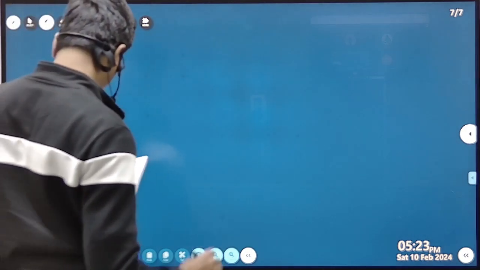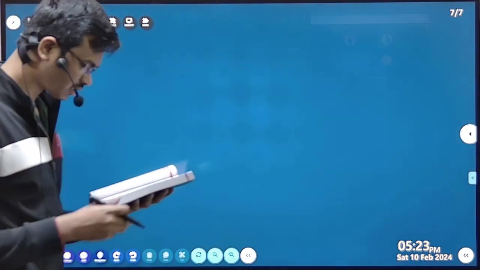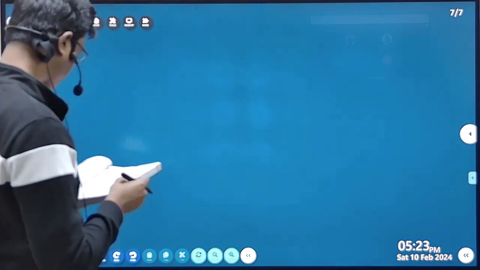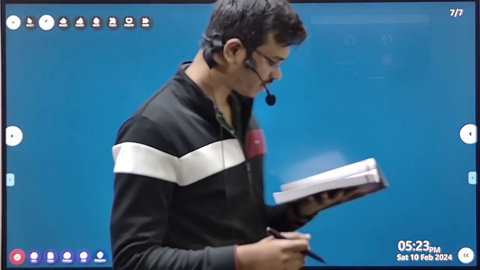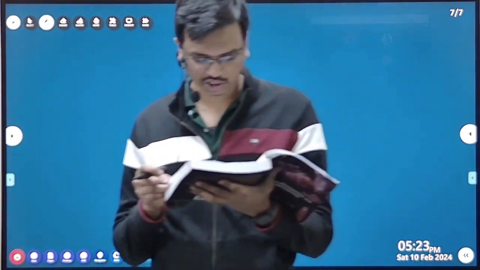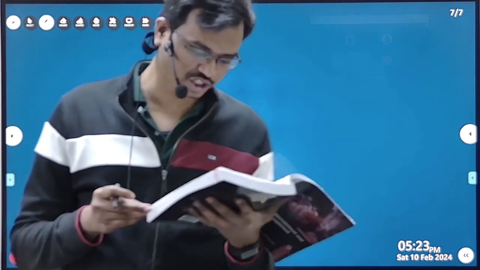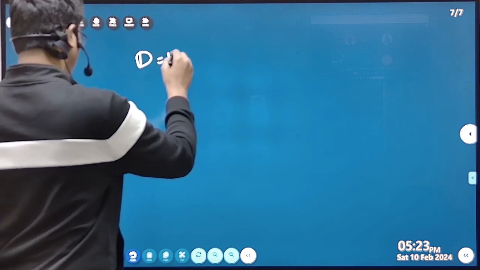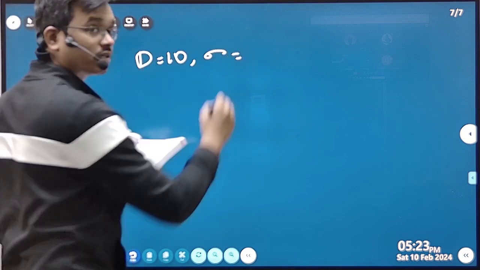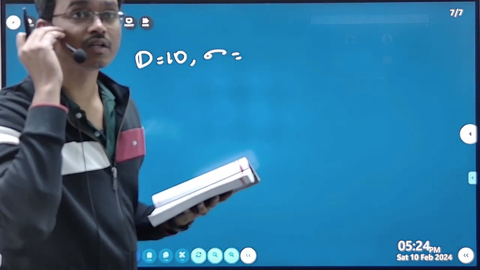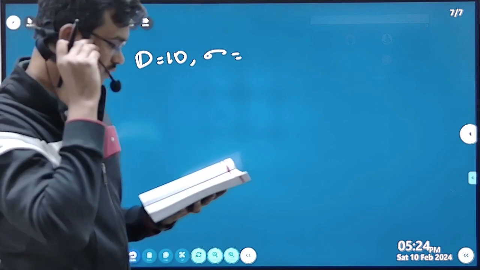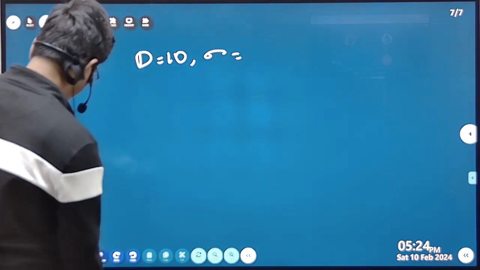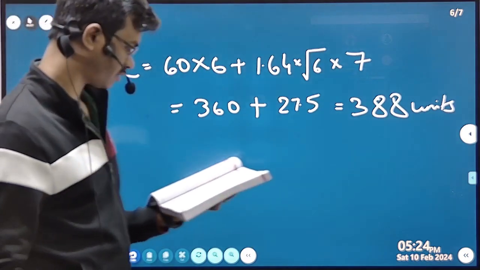This is almost a similar problem, but here there's a small variation. He says the daily demand for a product is 10 units with a standard deviation of 3 units. What is this 17.15, like they have given in illustration 24?